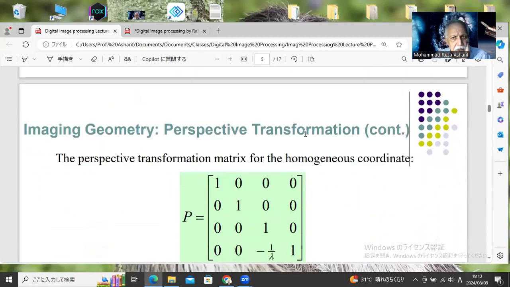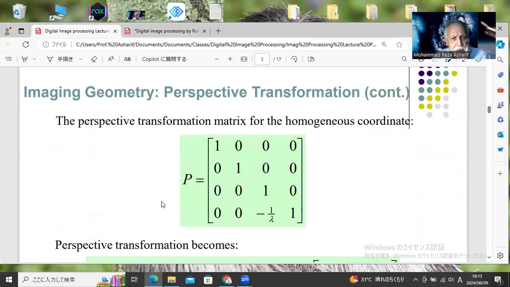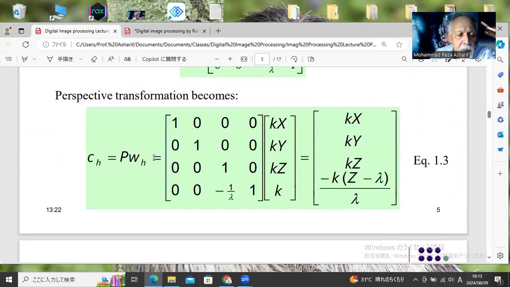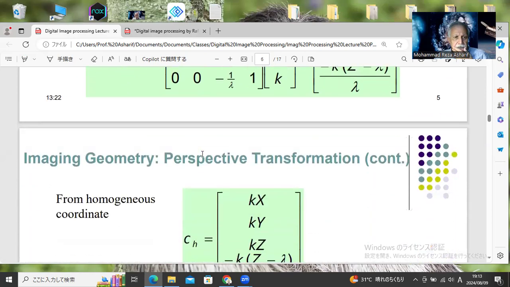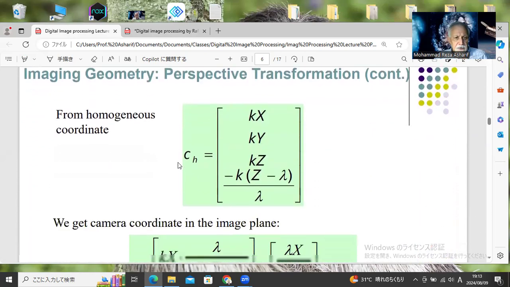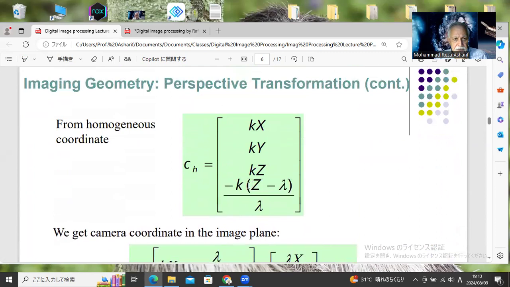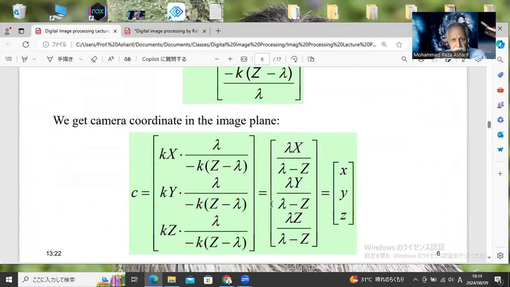The perspective transformation is like this, where lambda is the focal distance of the camera. Multiplying the homogeneous coordinate, which we define like this, by the perspective transformation, we get the homogeneous coordinate after transformation. Then we find the Cartesian coordinates by dividing the first three by the last, like this.